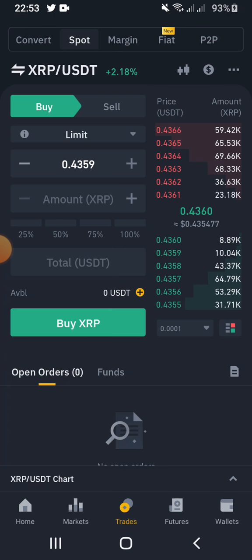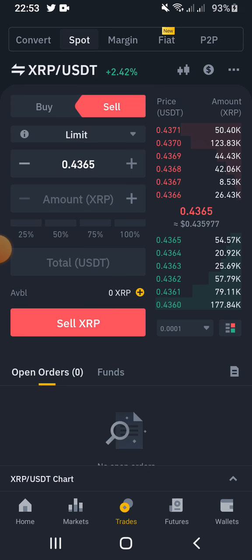Then you can decide to use the limit order, in which you place orders or provide liquidity to the Binance platform. Once the price fluctuates to the price you fixed, your order will be filled and your assets will be bought or sold. If you also want to sell, you click on the particular asset to sell it out.